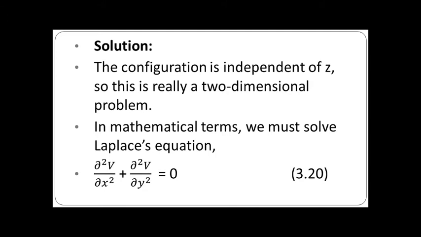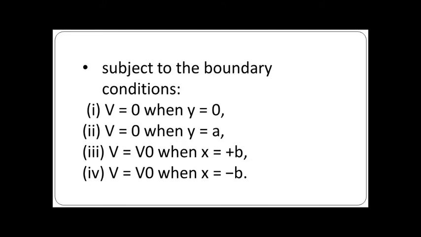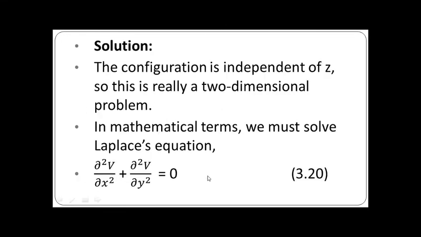In mathematical terms, we must solve the Laplace equation del square V upon del x square plus del square V upon del y square is equal to 0, subject to the boundary conditions. V is equal to 0 at y is equal to 0. V is equal to 0 at y is equal to a. V is equal to V0 at x is equal to plus b and V is equal to V0 at x is equal to minus b.